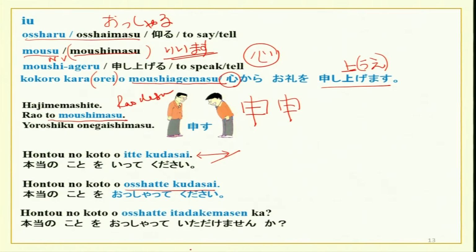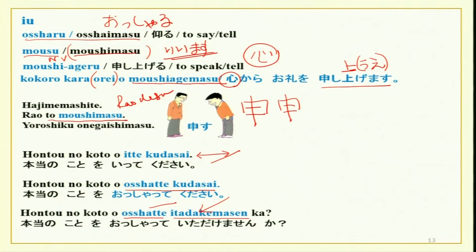Then hontou no koto o osshatte itadakemasen ka? So, whatever you really feel, whatever the real thing is, or you think about a certain thing, please osshatte, polite, itadakemasen ka? You please say and I will receive the favor. This is very, very polite in Japanese.